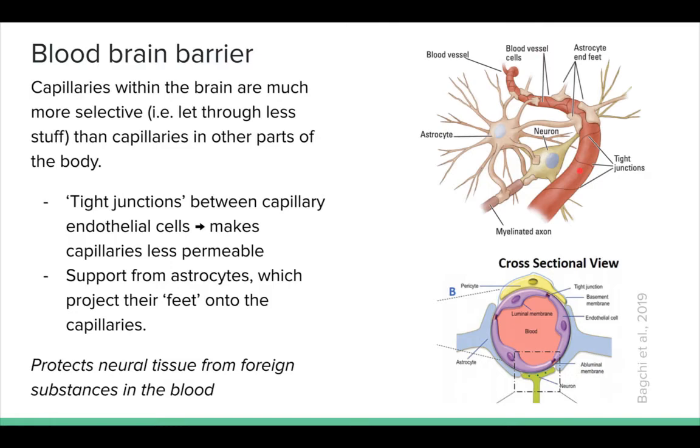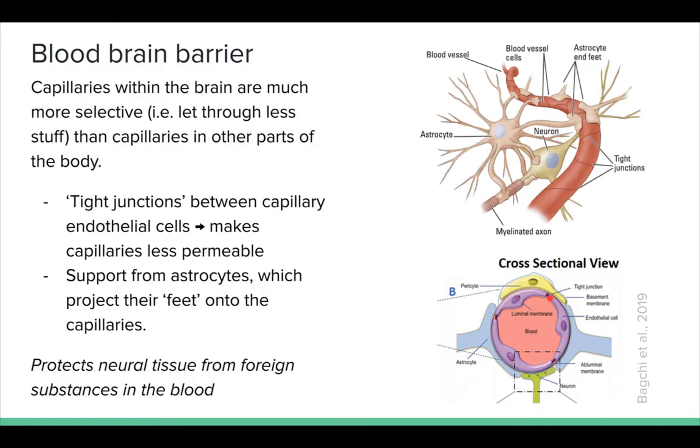In the brain, however, the endothelial cells don't have leaky connections between them. They have, in fact, what are called tight junctions, and so these are protein junctions that link and tightly hold together the endothelial cells. And what that means is that there's less stuff that can leak out of the blood and get into the brain.